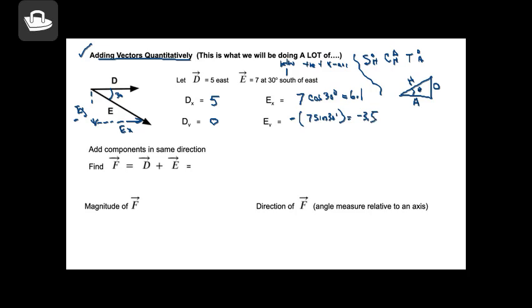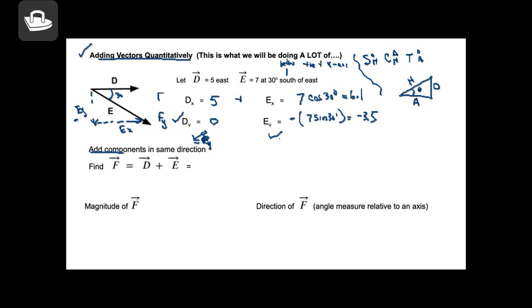I'm going to add D sub x and D sub y, and then I'm going to add E sub x and E sub y, and these are going to give me the components of my resultant. I'm going to call it F in this case. When I add the y components together, that's going to give me F sub y. And when I add the x components together, that's going to give me the x component of my resultant vector.